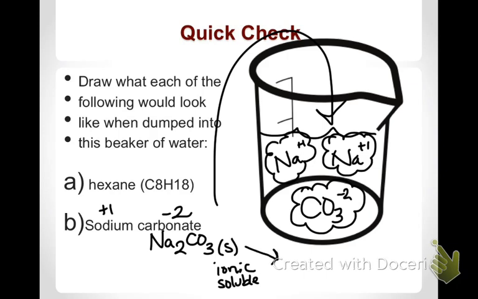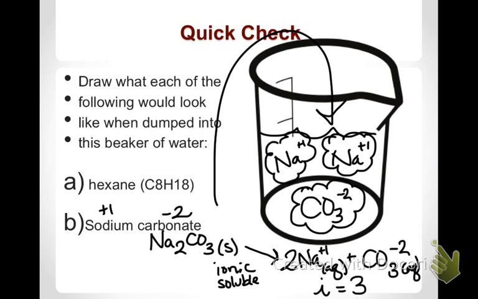We would write this as 2 Na+1 aqueous, and just the one CO3 -2 aqueous, and this solution would then have an i value of 3 for the two sodium ions and one carbonate ion that we would get for every Na2CO3 formula unit that is added to water. So I hope that went okay.